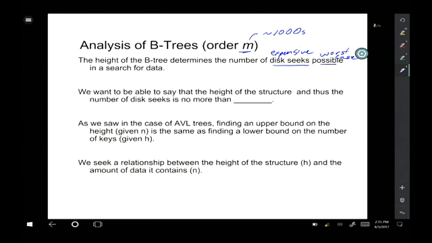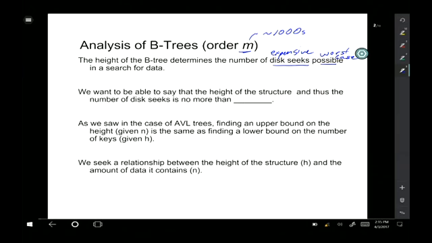Okay. All right. So the height of the B-tree determines the number of disk seeks. Those are expensive in terms of time. They take a long time. When we say possible, we mean in the worst case. So we admit that you might get lucky and search for a key that happens to live at the root. We don't even care about that fortunate circumstance. We only care what might be the worst thing that could happen to you in a search for a key.